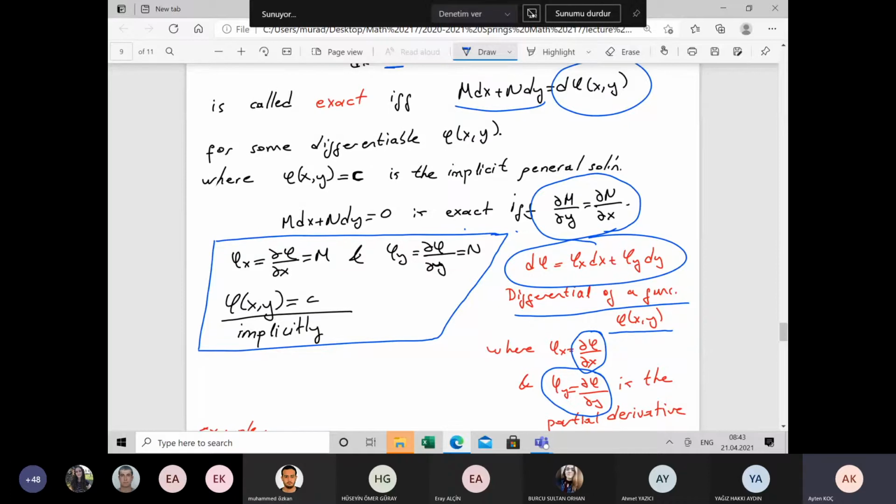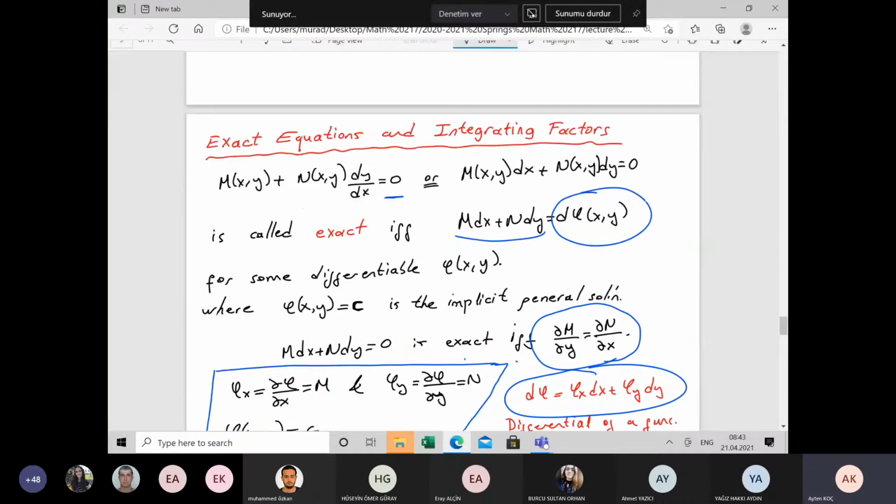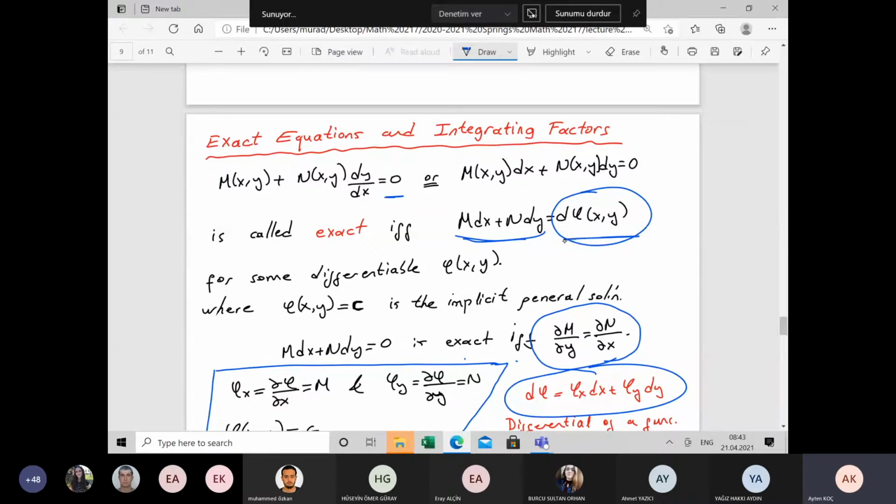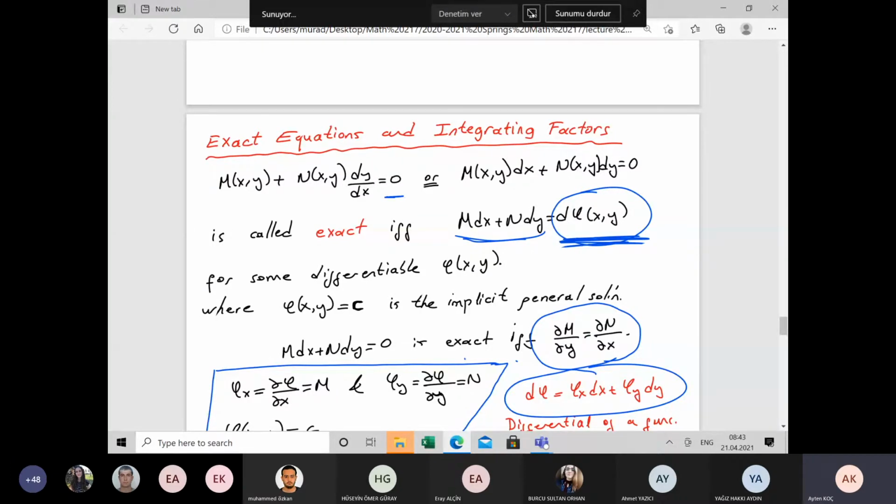If the left side is equal to the differential of phi, our equation is exact. And the solution is phi(x,y) = c, where c is a constant. This is the general solution of the differential equation.